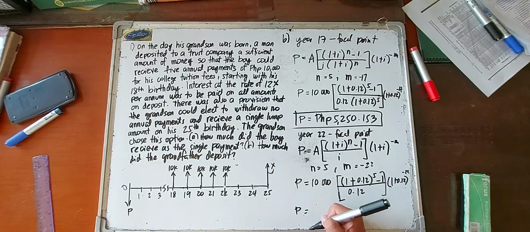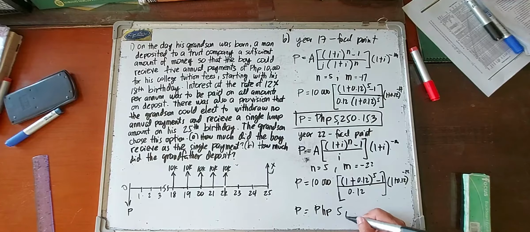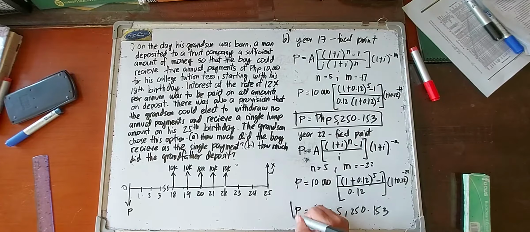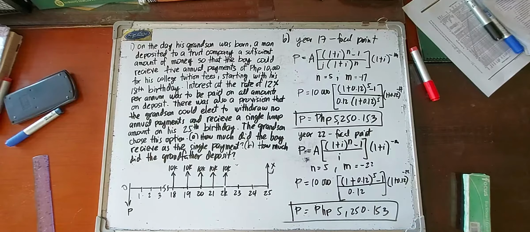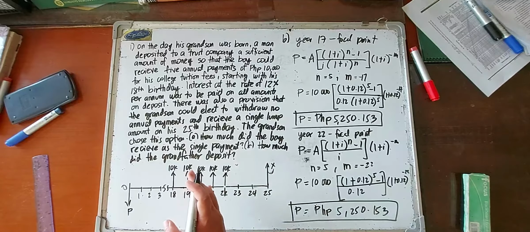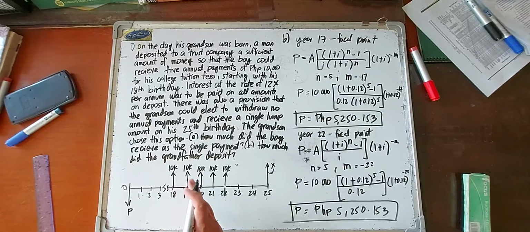Okay, so the present worth should be the same, ano? Magkaiba lang yung focal point na ginamit natin. Okay? So you can choose any focal point in the cash flow diagram.